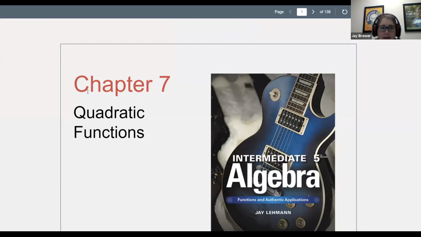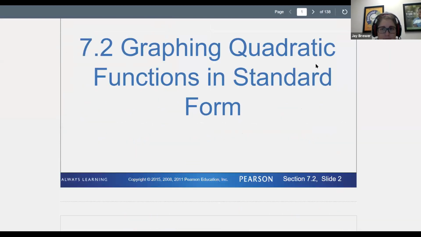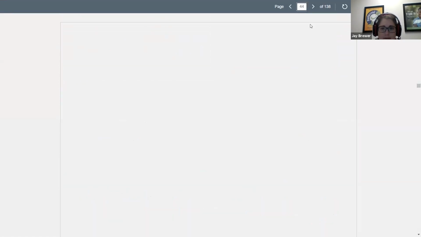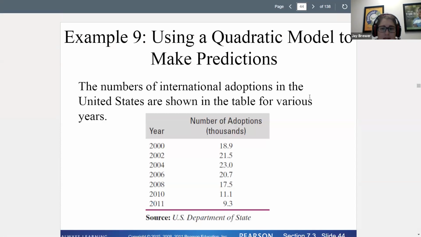Now, I'm not the biggest fan of the textbook PowerPoints, so I don't typically use them even when I teach in class. But with some of the application-based problems, they do provide a little bit more information than what's on the teacher notes.